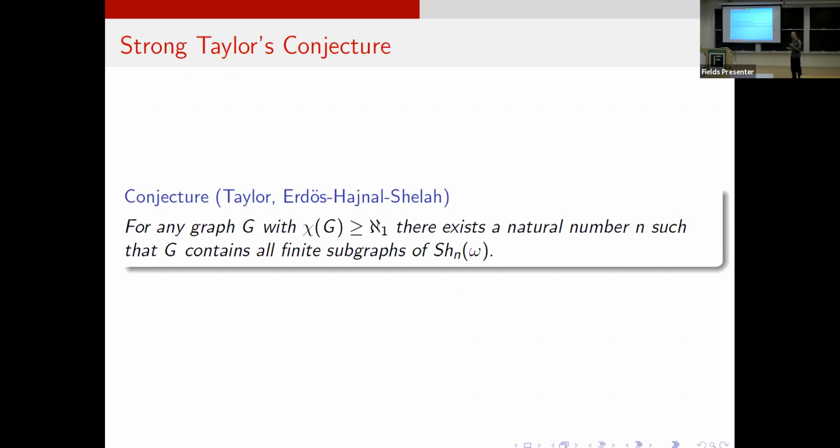So is the fact that you can find a graph that has very large chromatic number due to this very weird looking graph? Is it its fault? It's not hard to see that really the strong implies the regular, because if you can find all finite subgraphs, then of course you can take an elementary extension and find the shift graph itself, or take an even larger elementary extension and find any shift graph that you want on any kappa.